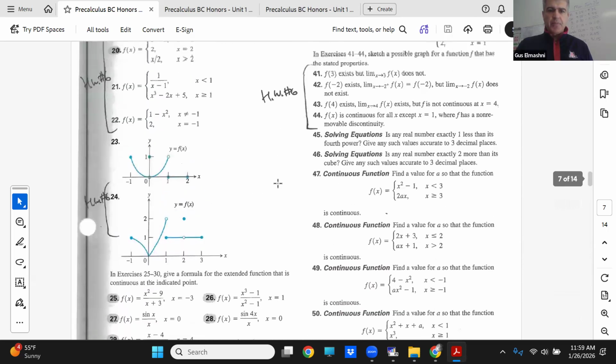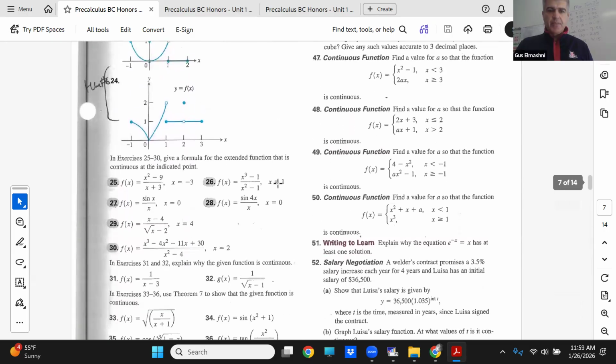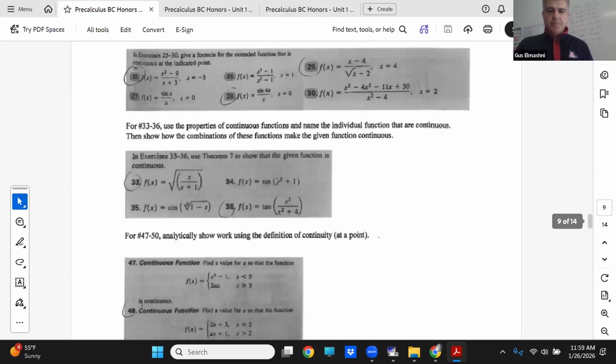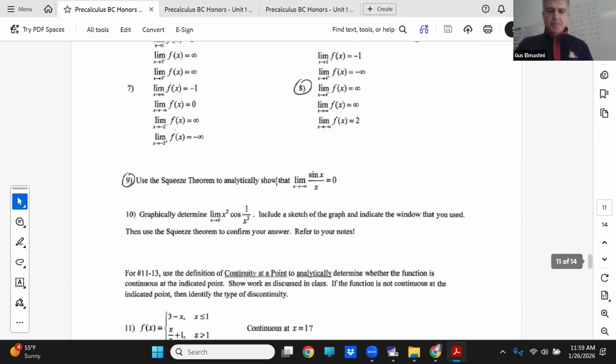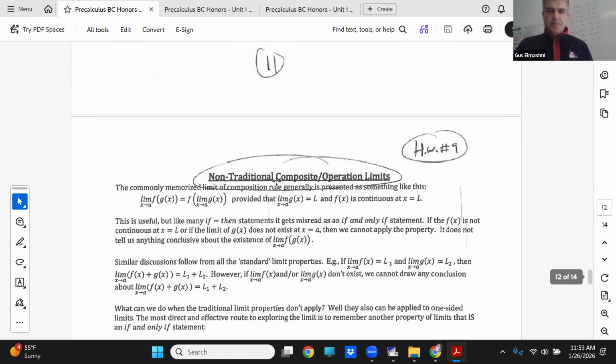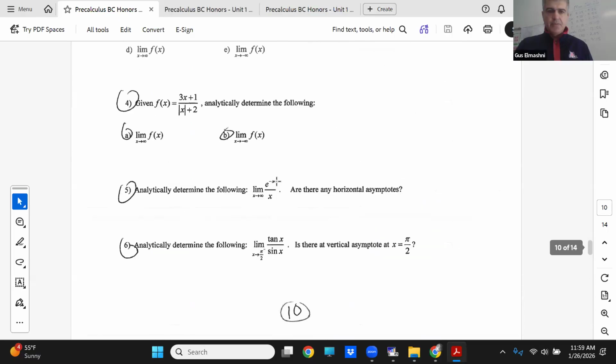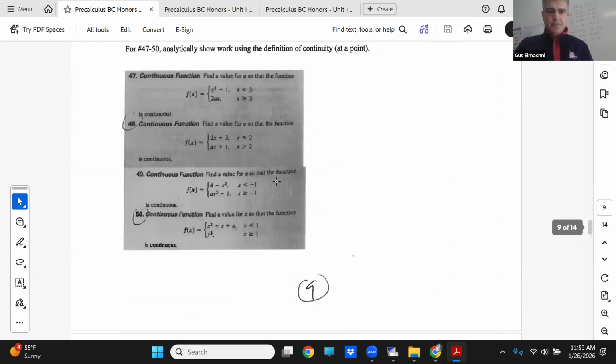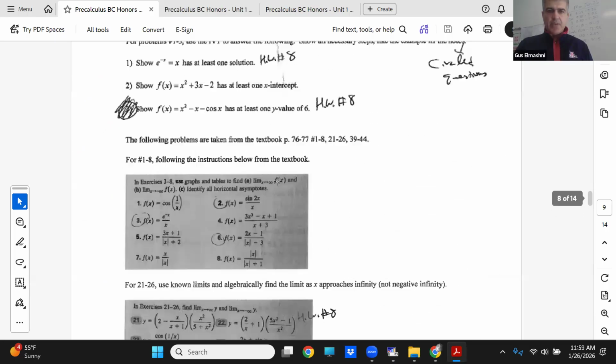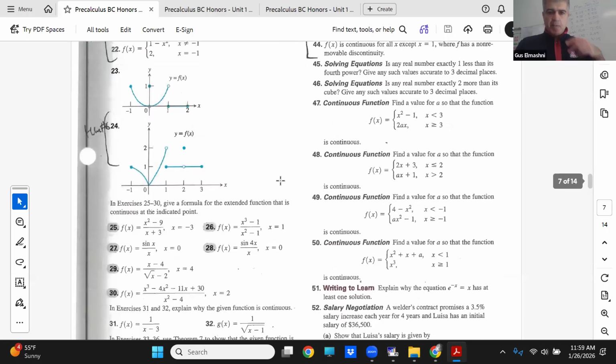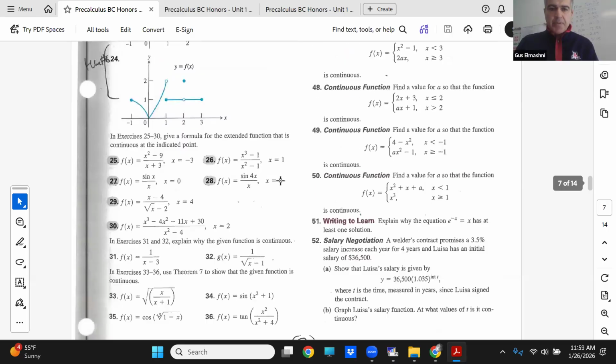There's some good ones here too. Because these are circled, yeah, that's fine. Actually, I think they're copied from this.